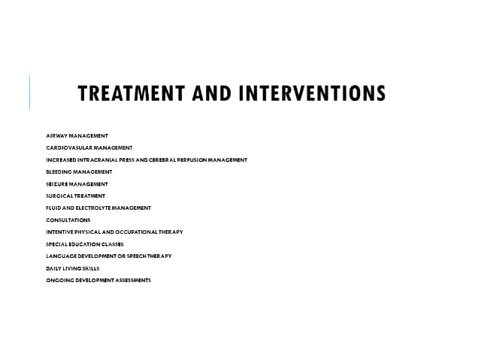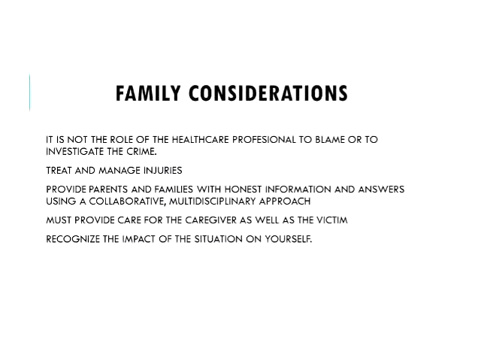There may be surgical treatments that may be required, fluid and electrolyte management. There may be nutritional alterations, additional consultations, special education classes for the parents, language development, and even physical therapy for the child, and being able to conduct daily living skills later, as the child grows.